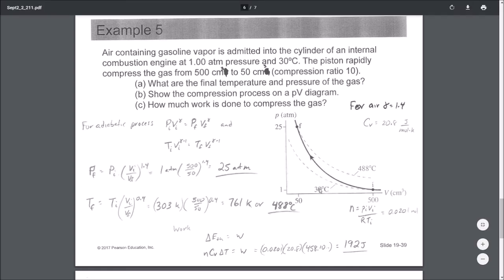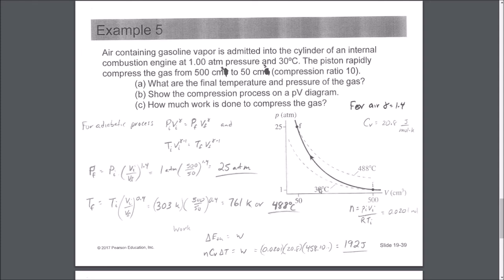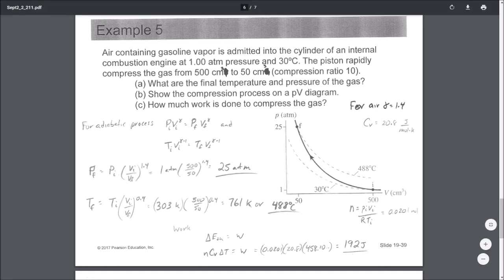The volume is dropping, so that work is being performed on the gas. We end up with a higher temperature because we have done this compression. All right, 192 joules. All right, let's look at the last problem here.